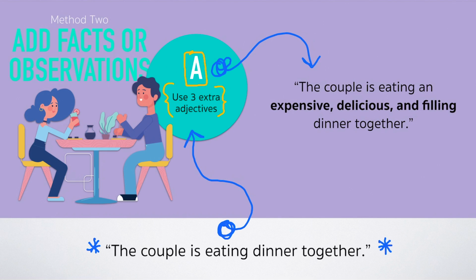So the initial sentence is the couple is eating, and then we're going to skip to the bottom, dinner together. Why did we skip? Because in the middle, we have the 3 extra adjectives. And again, we've chosen 3 adjectives to describe the dinner, okay? Which made our sentence longer, all right?